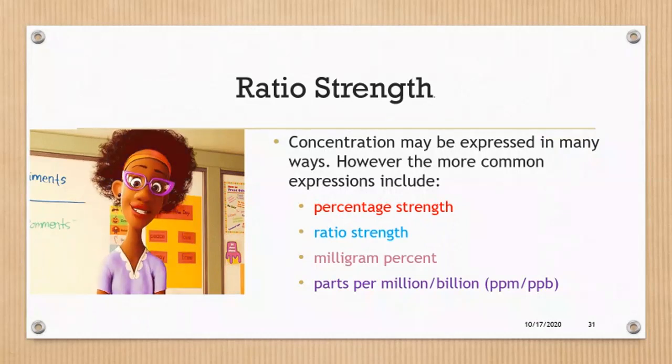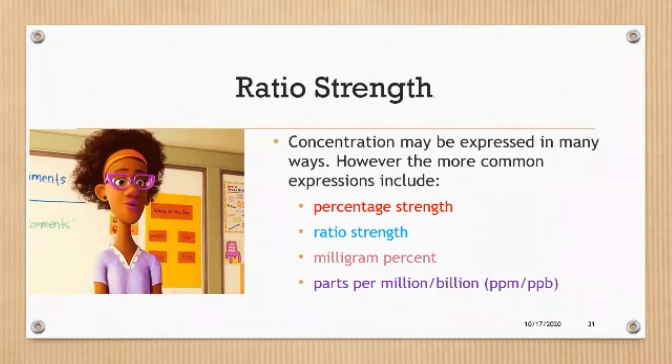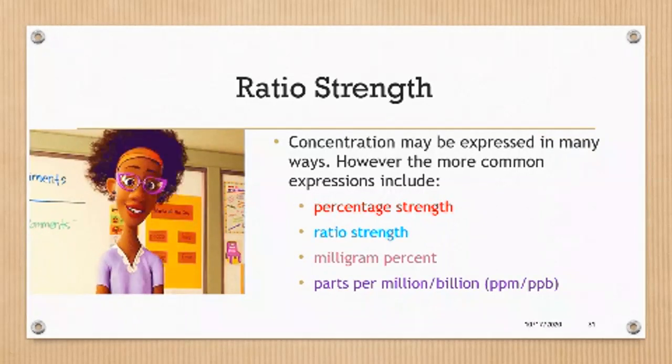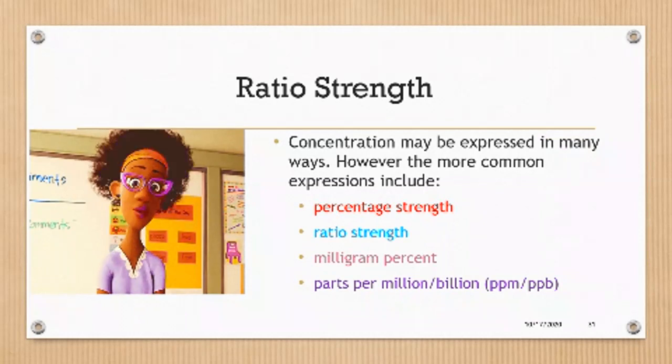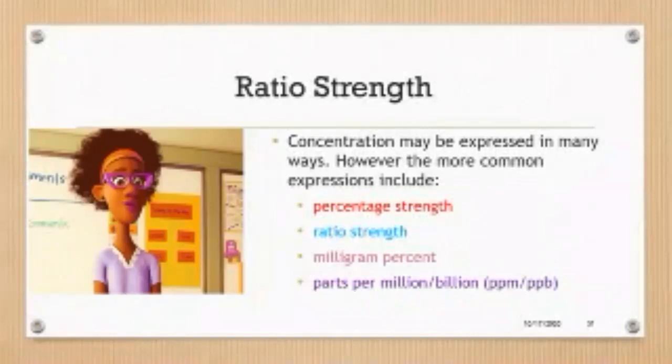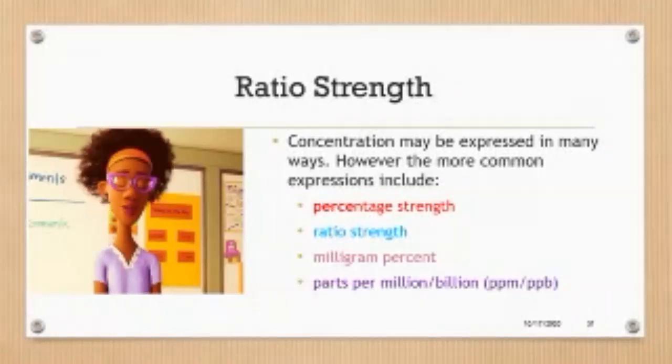So let's determine what is ratio strength. We knew that percentage strength is speaking to the amount of a substance, whether it be a liquid or a solid, that's containing 100 parts of the whole. So now we're looking at ratio strength, and this is an expression of concentration that is going to be dealing with parts as well.